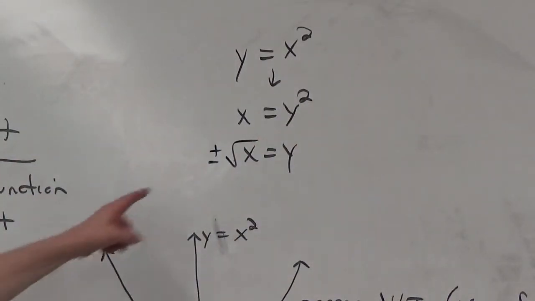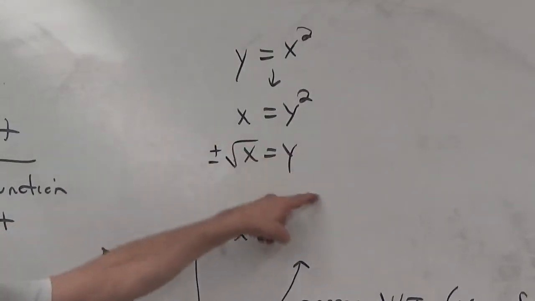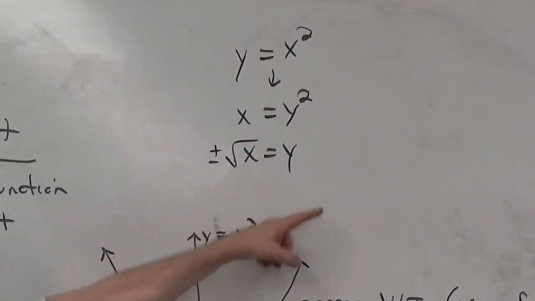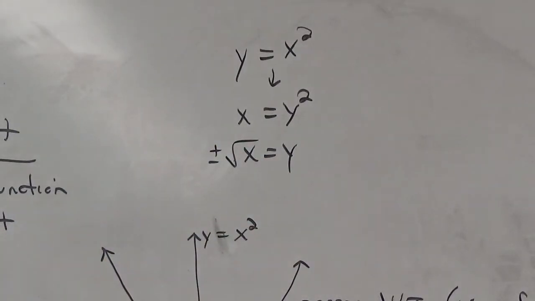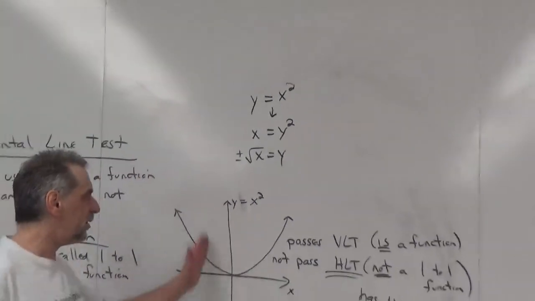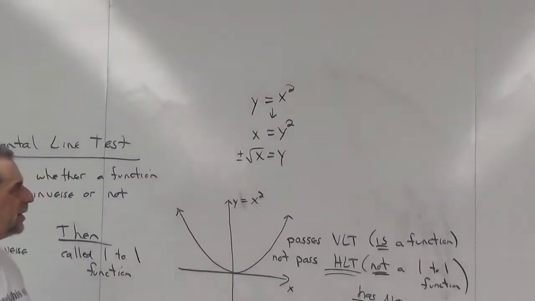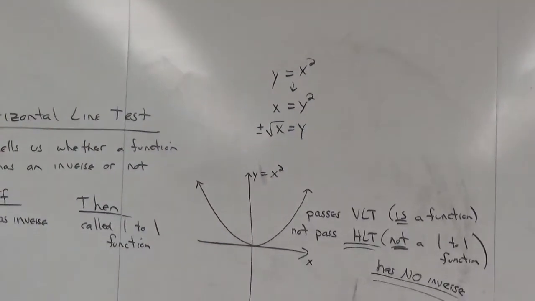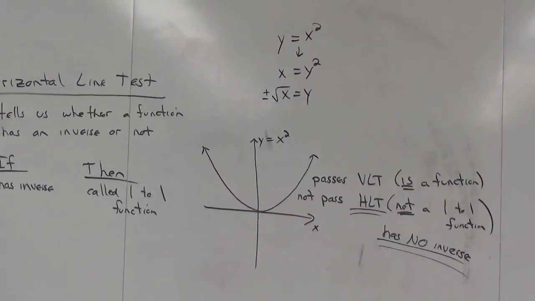So each x, when I put one x in, I get two outputs, which doesn't fit the definition of a function. So it does not have an inverse function. It does not pass the horizontal line test, but it is a function. So that's the difference between vertical line test and horizontal line test.